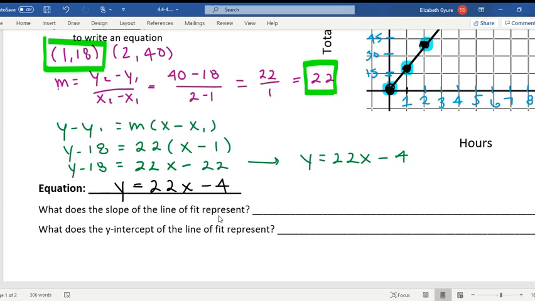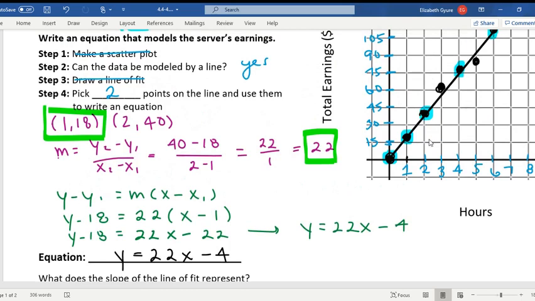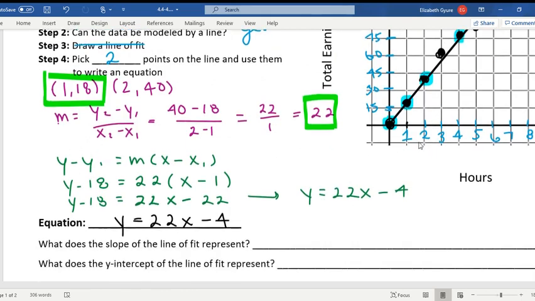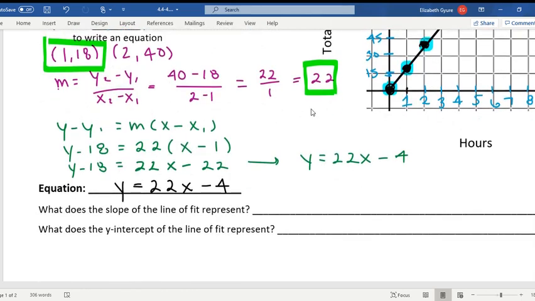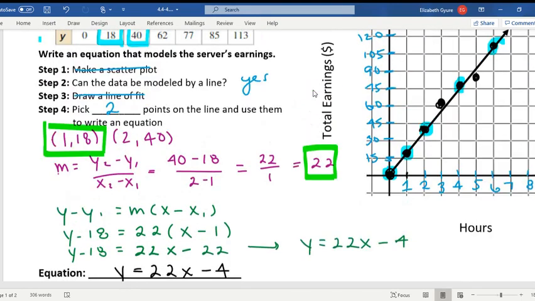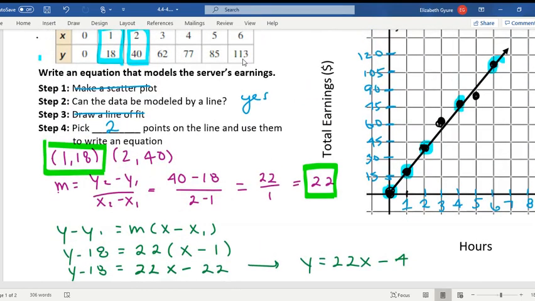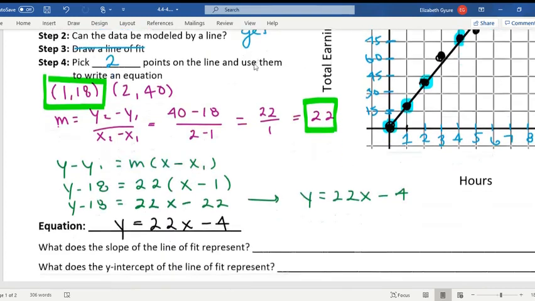This means this person is making $22 per hour, okay? And their starting pay was negative $4. Now, are you actually going to start with negative $4? No, but isn't this line just an estimate? Yes, there's a difference, but this is just an estimate of the data. It's not going to be perfect, okay?